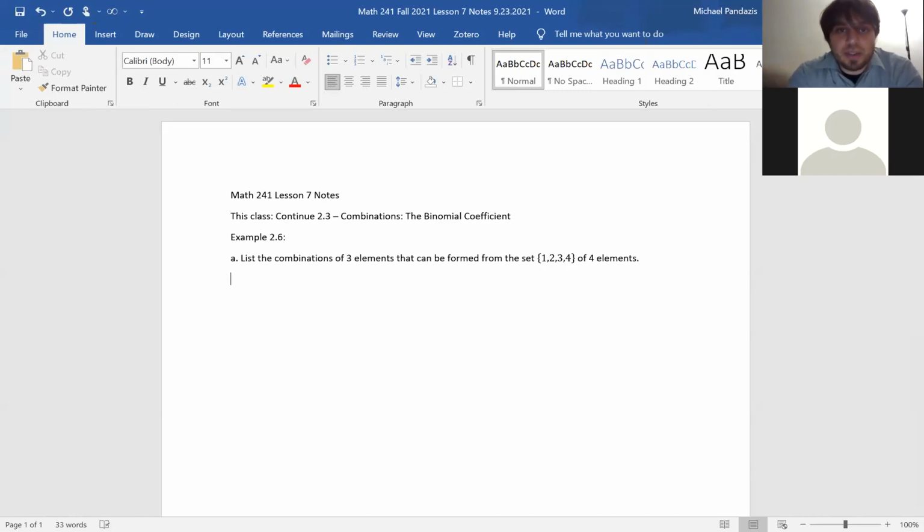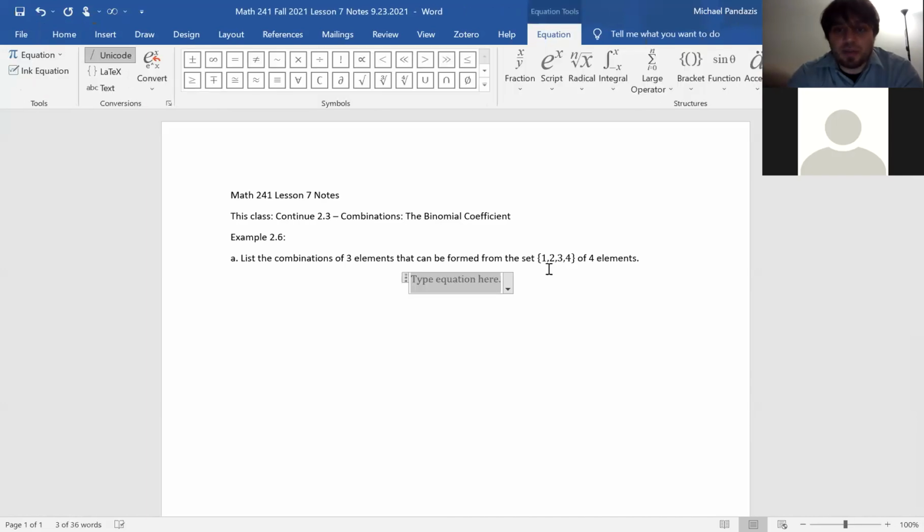Okay, so let's do that. Let's list the combinations of 3 elements that can be formed from the set of those 4 elements.